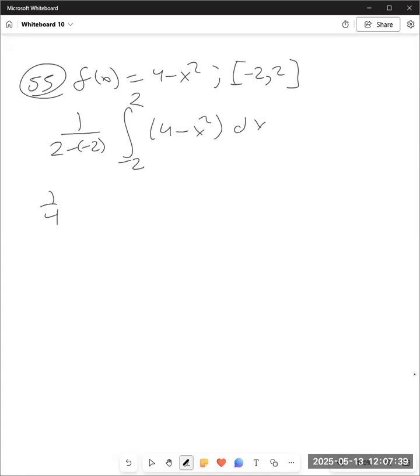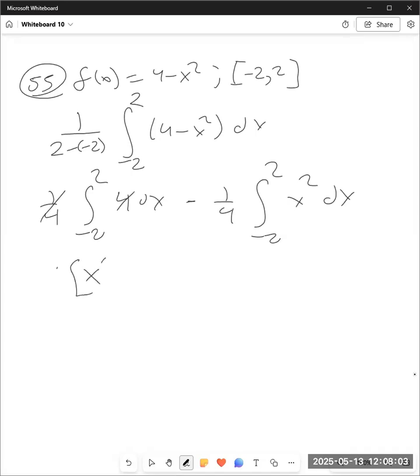This is 1/4, -2 to 2 of 4 dx, minus 1/4 of negative 2 to 2 x squared dx. That is negative 2 to 2 dx. The x from negative 2 to 2, minus 1/4 of x cubed over 3 from negative 2 to 2.